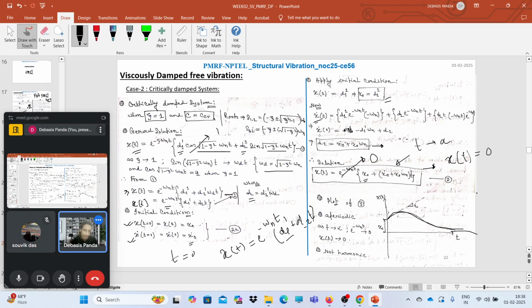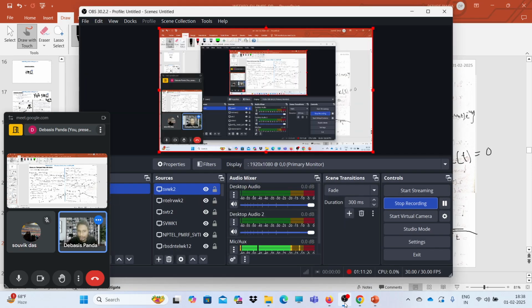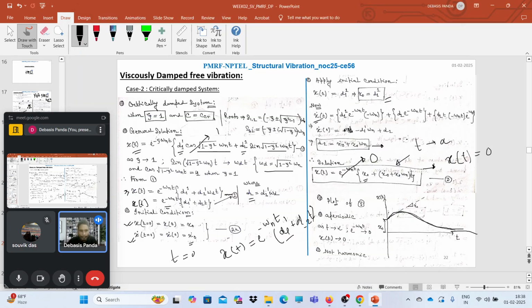Okay, great. So an example of a critically damped system: the shock absorber of a car or a bike. As soon as that system undergoes some initial velocity and displacement, its motto will be to revert the system back to the equilibrium position, so that the comfort of the rider or the passengers will not be hampered, right?